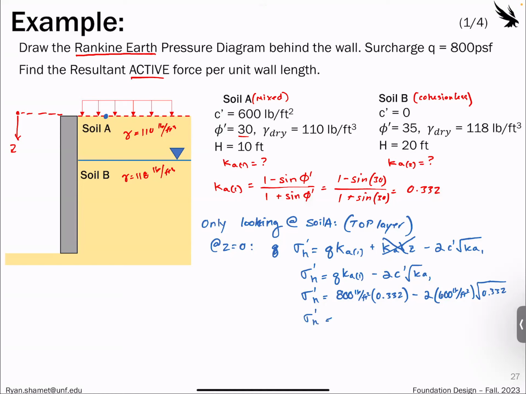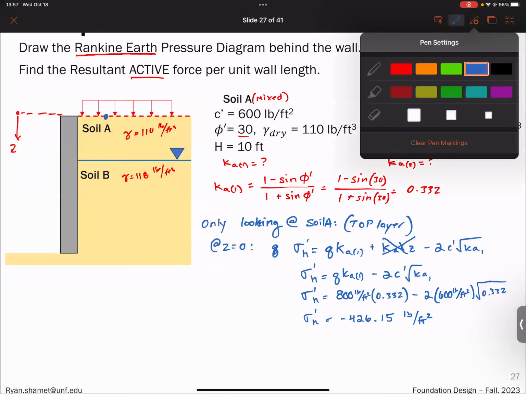As we'd expect, this would be negative, even with the surcharge: negative 426.15. So if we were drawing this profile, right at the very top of soil A, we would have a negative 426.15.